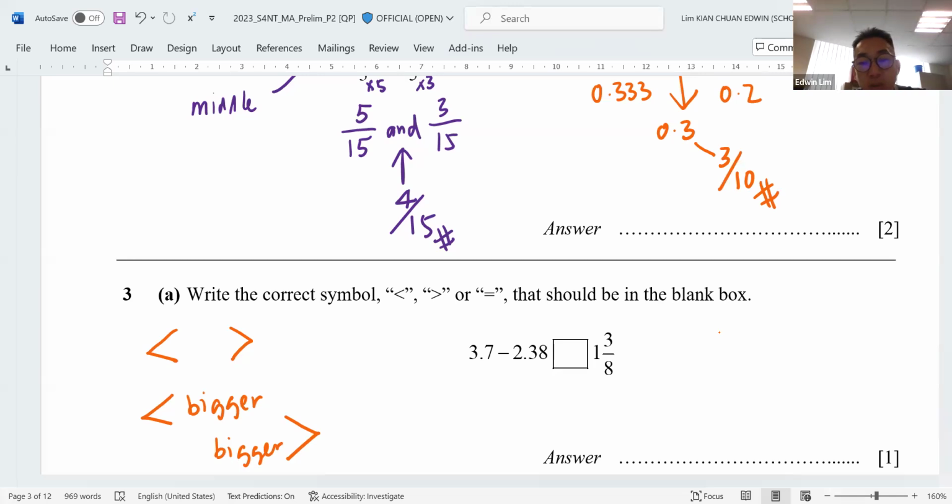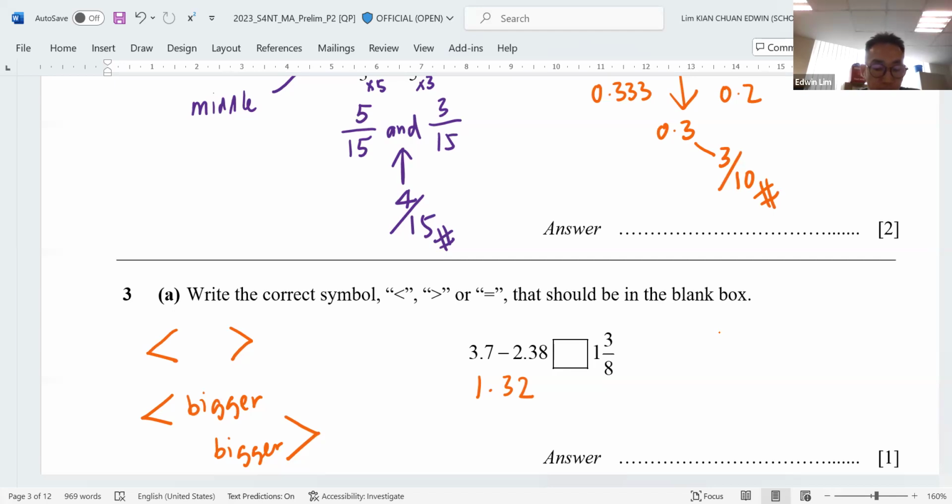So to do this question, first, you must find out the value first. 3.7 minus 2.38. I will get the value of 1.32. The other one is 1 3/8.